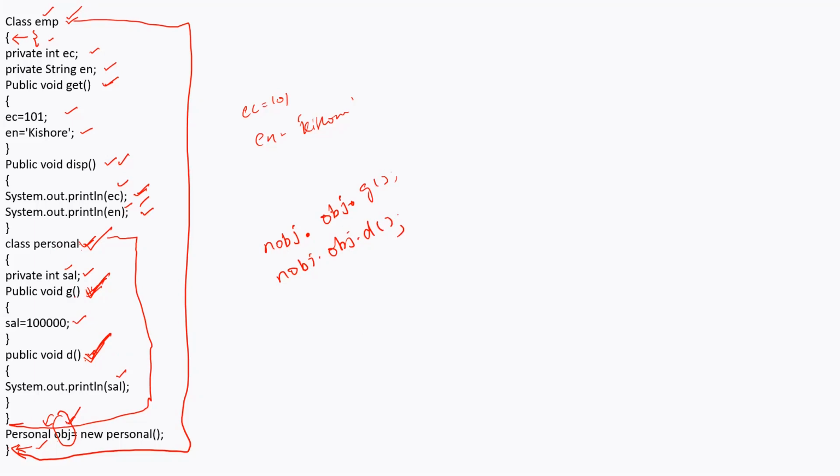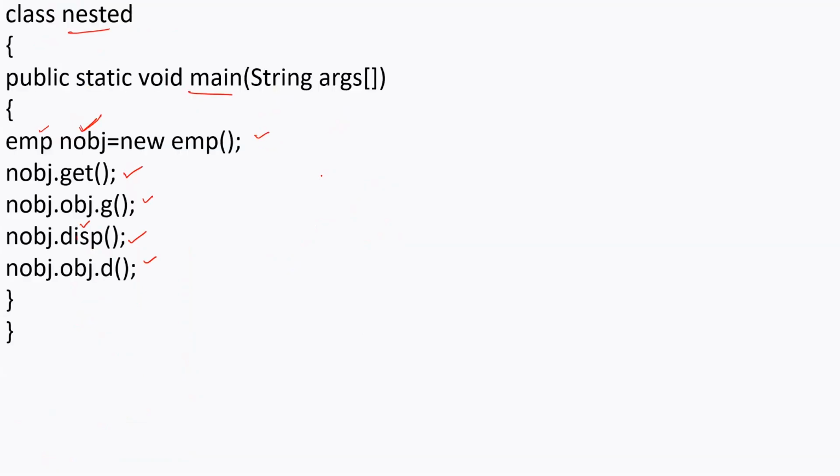Is the point clear? So how many access operators are there? Two access operators, 1, 2. So you can have two or more than two dot operators. But in this case, we have only two dot operators. Clear? This is all about nested class. Fine.